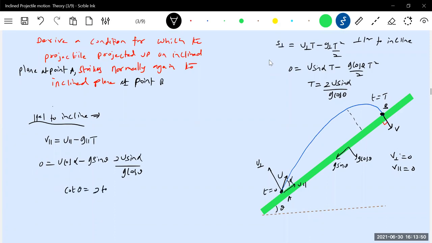So cot theta equals 2 tan alpha. u parallel is u cos alpha, no?